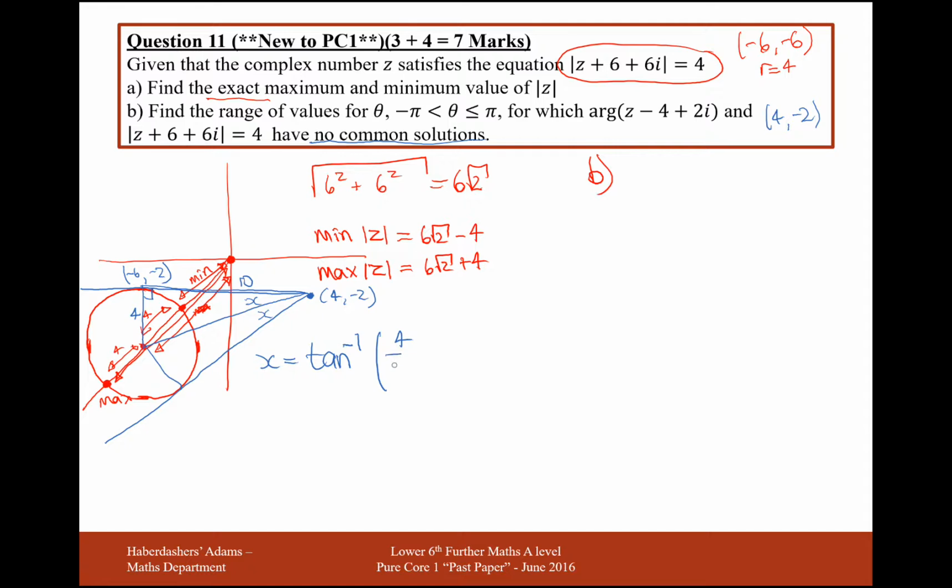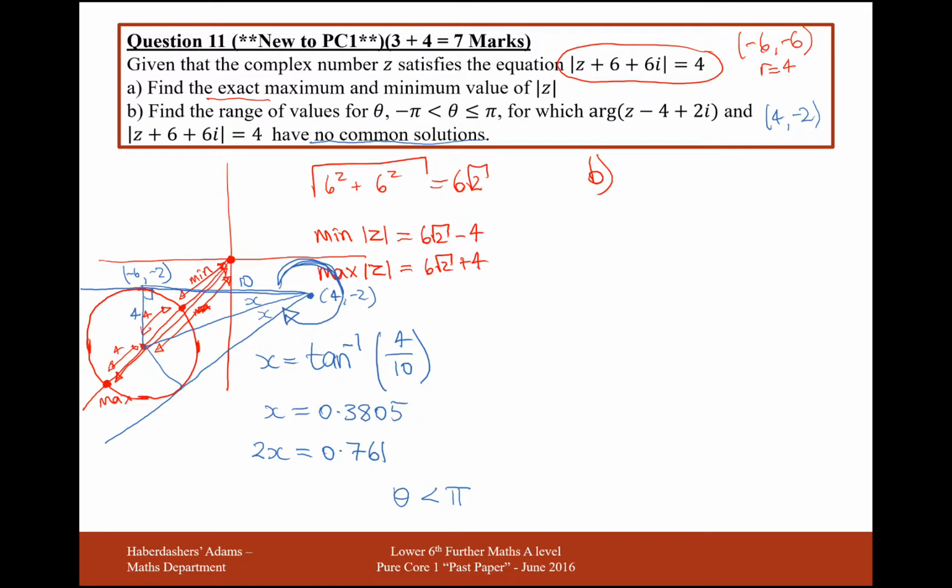This is going to be opposite over adjacent, and my x angle here, making sure my calculator is in radians mode because I'm working in radians for this question, is 0.3805, and therefore 2x is going to be 0.761. So my argument, if I don't want to intersect with this, is anything on the top. That's going to be from pi down to 0 at least, but then it can go round from 0 onto the negative angles until it reaches this blue line here.